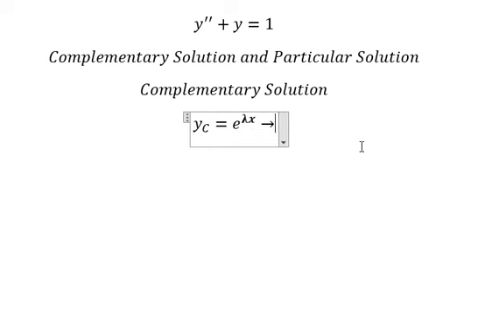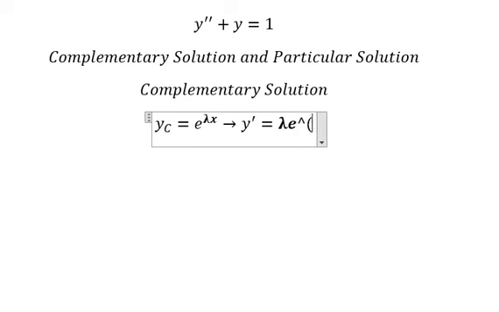So if I do the first derivative, I will have lambda e to the power of lambda s. Because I do the first derivative of this one, I keep this one in here. Later we do the first derivative of lambda s, you get lambda.